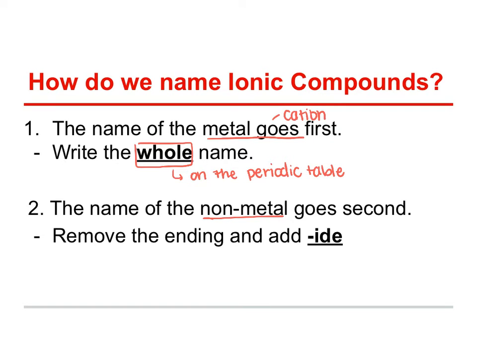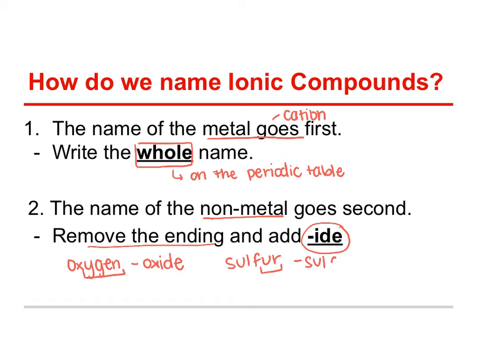And this one, it changes a little bit. So you're going to remove the ending and add -ide to it. So if our second element was oxygen, remove the -ygen and it changes to oxide. If it was sulfur, you remove the -ur and it changes to sulfide.